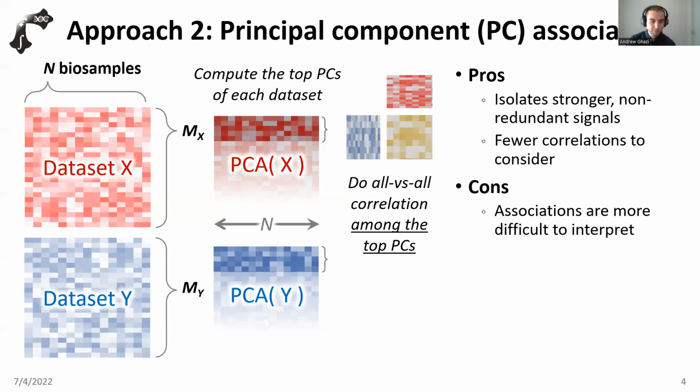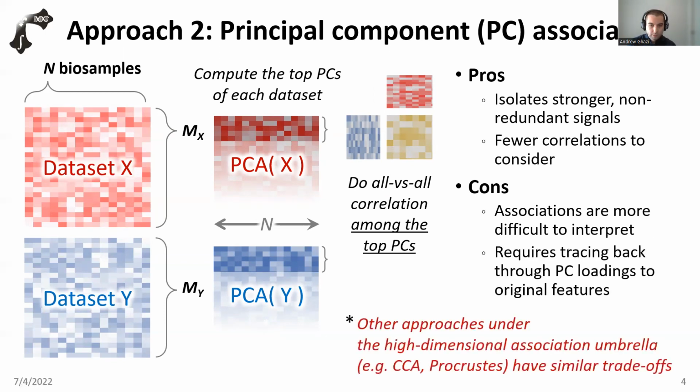If you find anything interesting that you want to look at in your comparison matrix, you need to backtrace back to your original features. That sort of downside can also be said of other similar approaches that I'm not going to be talking about, things like CCA and Procrustes. They have a similar sort of downside.